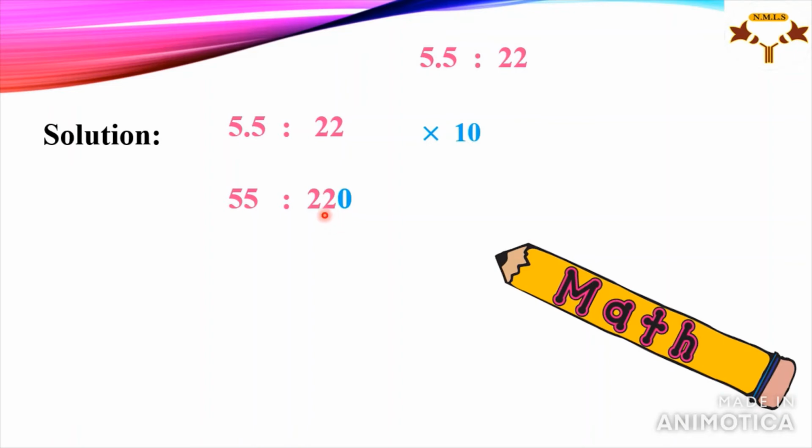Don't forget this 0, because I multiplied both terms by 10. Now I will simplify: 55 divided by 5 and 220 divided by 5. Why did I choose 5? Because the unit digit in both terms is 0 or 5. When the unit digit is 0 or 5, the number is divisible by 5.